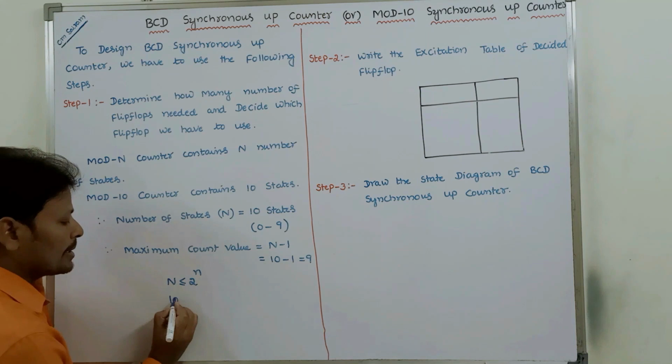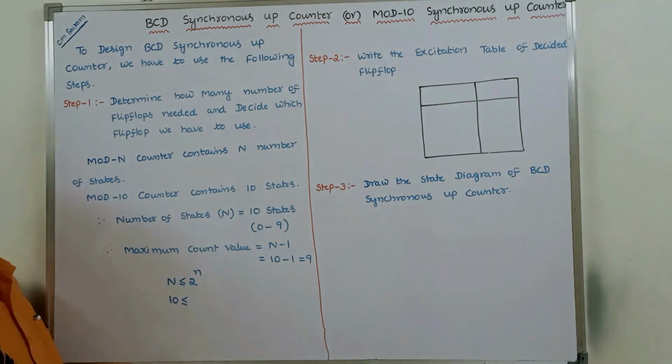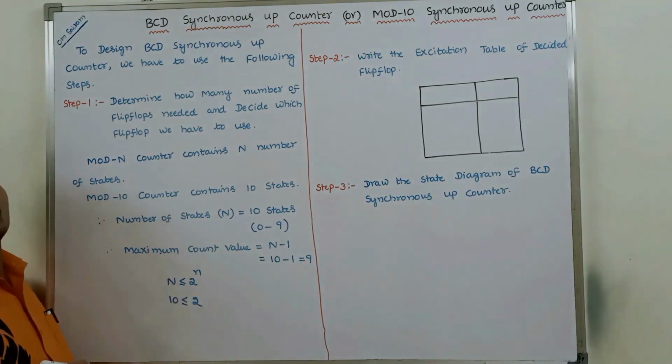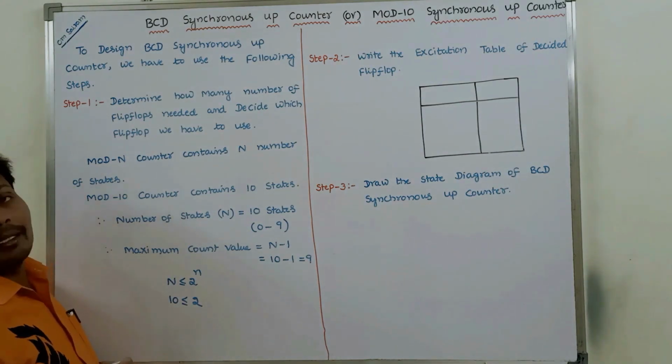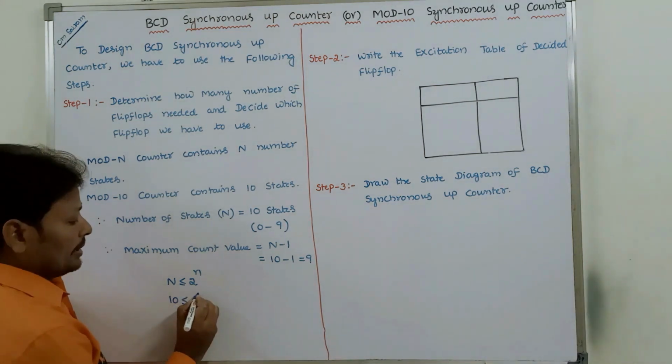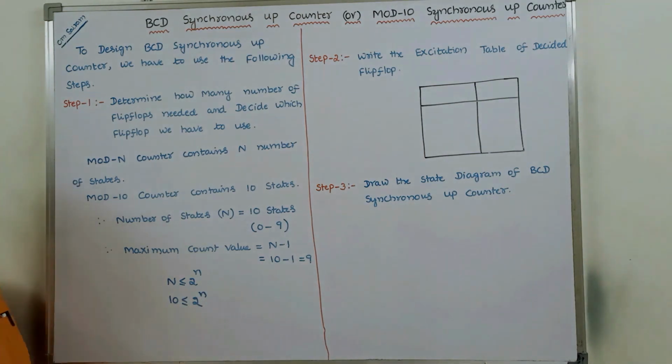That value is 10 less than or equal to 2 power n. Small n is the number of flip-flops required. Now substitute n value.